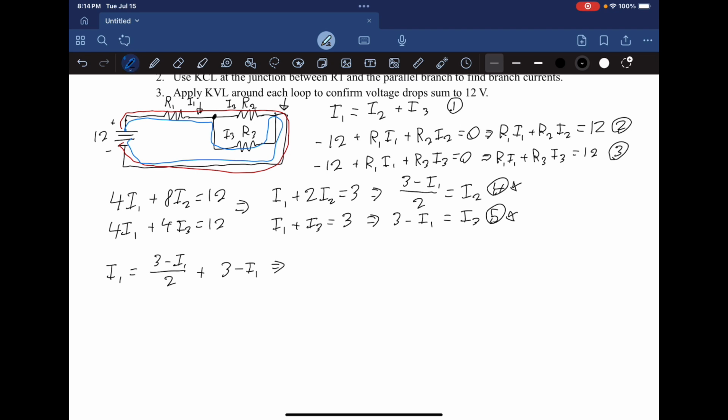So I'm first going to, you notice that we have two terms that are both 3 minus I1. So I'm going to factor them out. So I get I1 equals 3 minus I1 times 1/2 plus 1. And then these add together to just be 3/2.